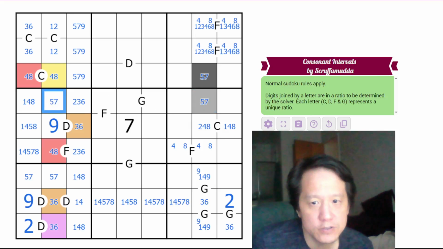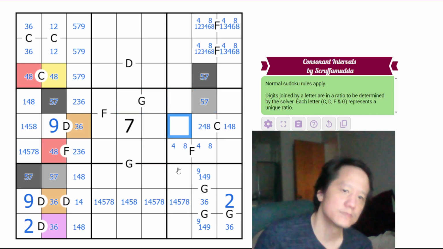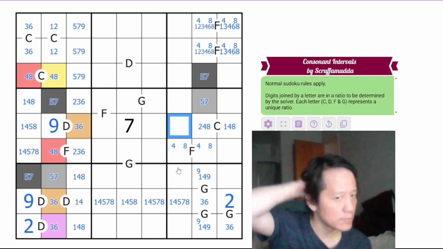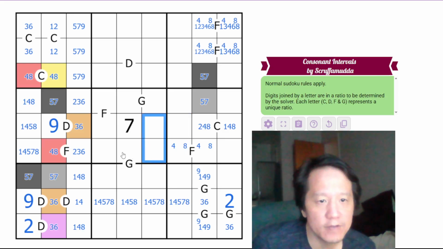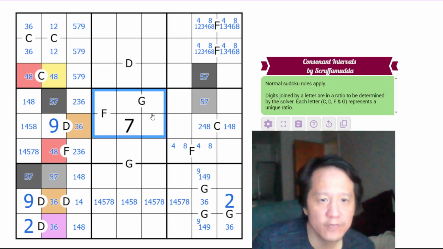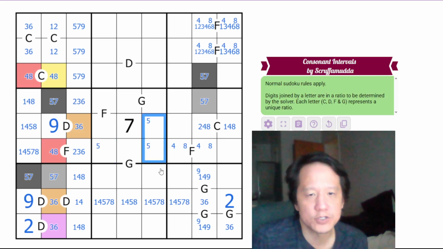So this is dark, which means this is a medium, and this is dark. So medium has to be one of these two. That doesn't tell us very much. Okay, so the 5 in box 5 cannot be next to any of the ratios. So the 5 has to be one of these 3. We're not sure which, though.